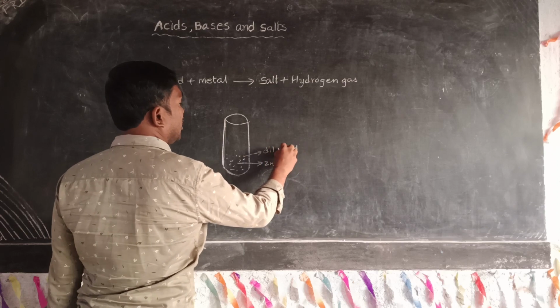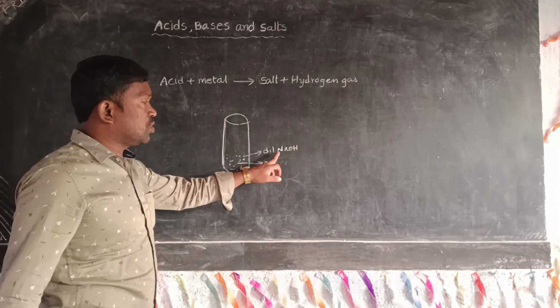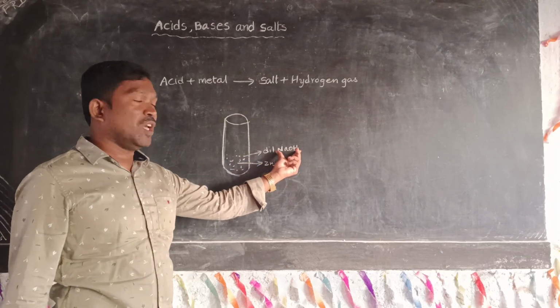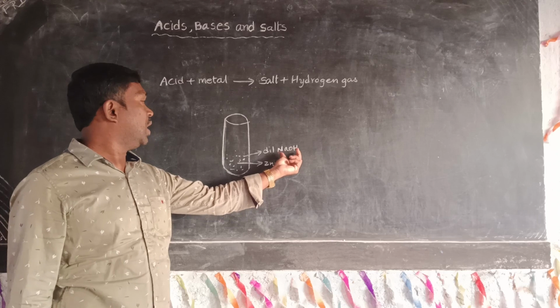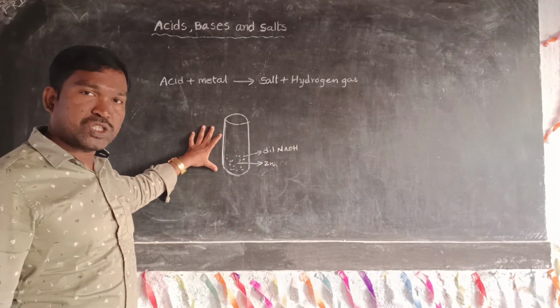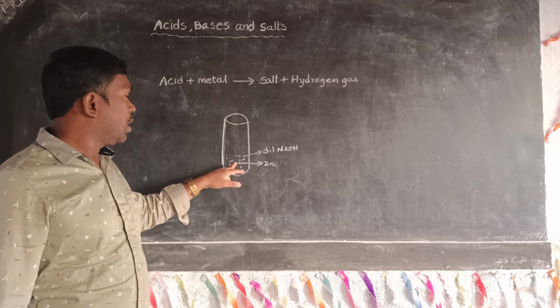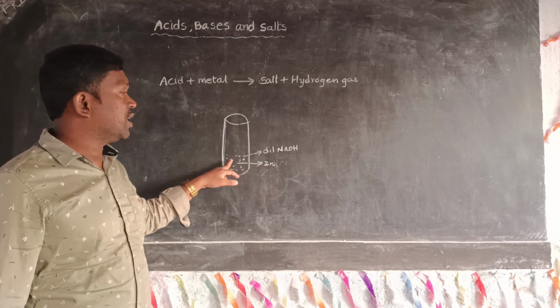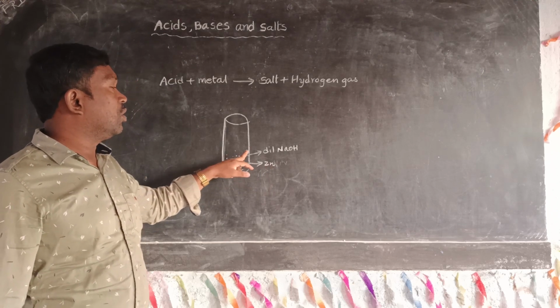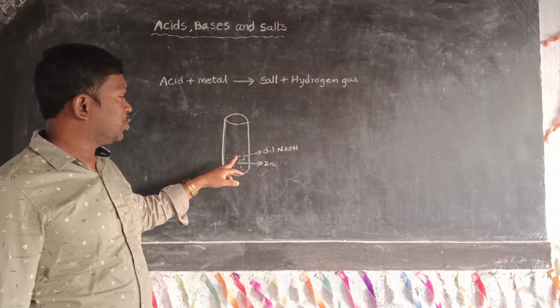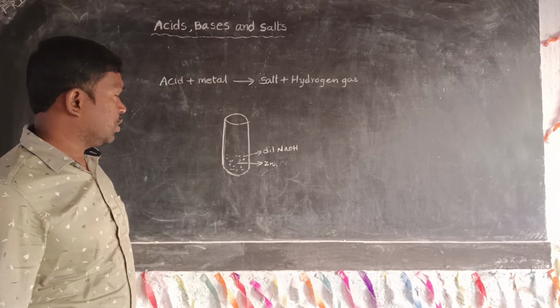Dilute NaOH means sodium hydroxide. This base, sodium hydroxide, is caustic soda. Add a few drops, or 2 ml, of dilute NaOH to the zinc granules.